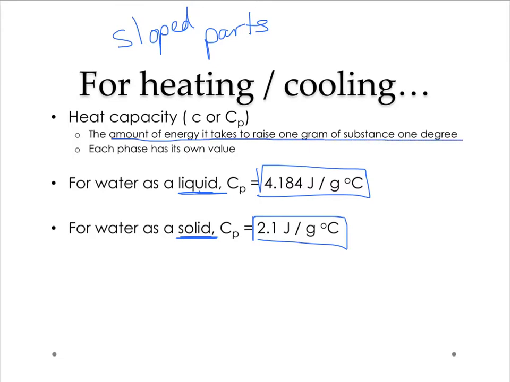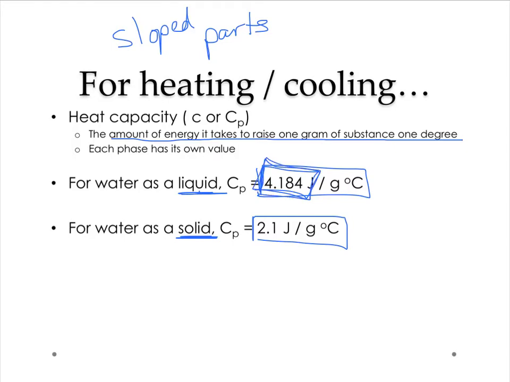So if we only have 1 gram of water, and we wanted to go from 0 degrees Celsius to 1 degree Celsius, it would take 4.184 joules of energy to do that.